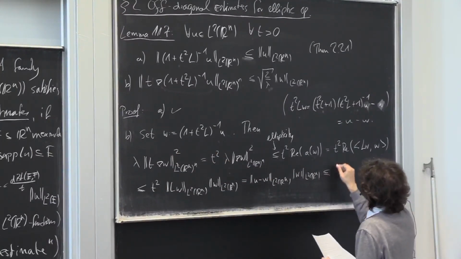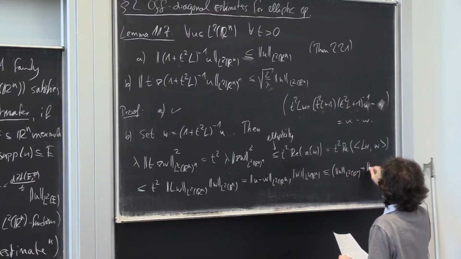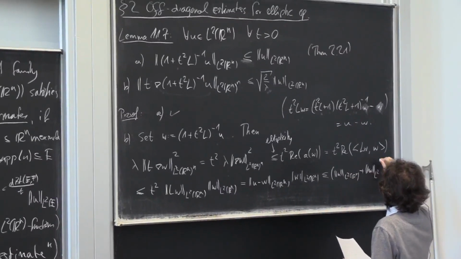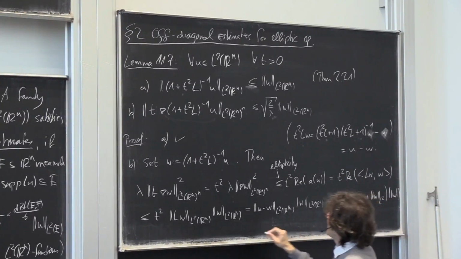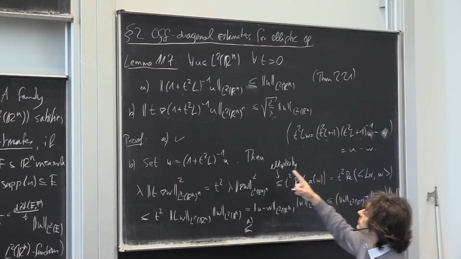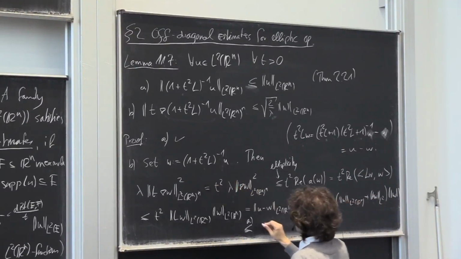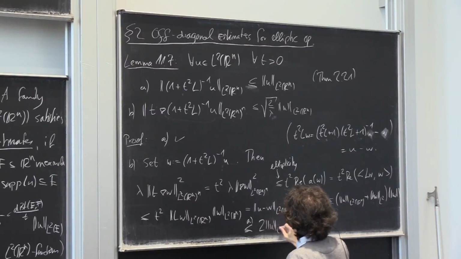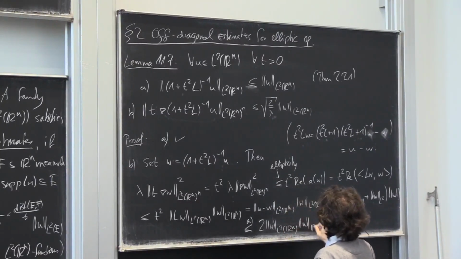So this is less or equal the norm of u plus the norm of w times the norm of w. We know from A that you can estimate the norm of w by the norm of u. So this is less than 2 times the norm of u times the norm of u.